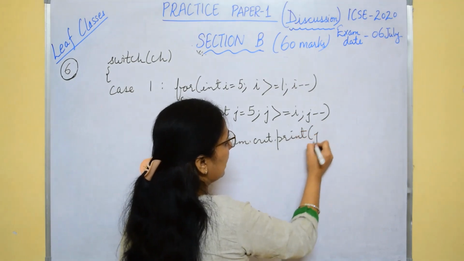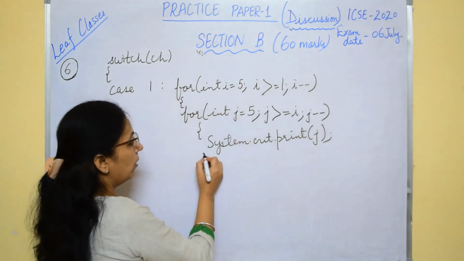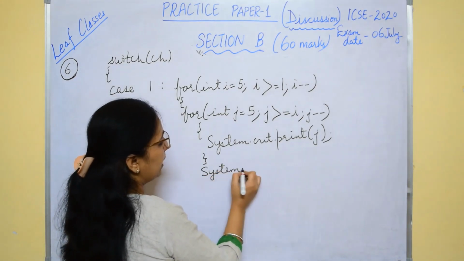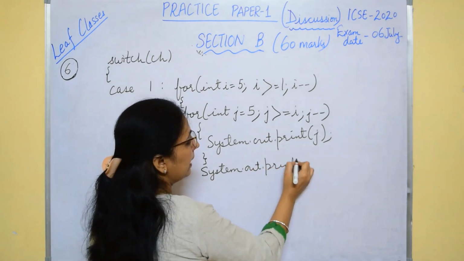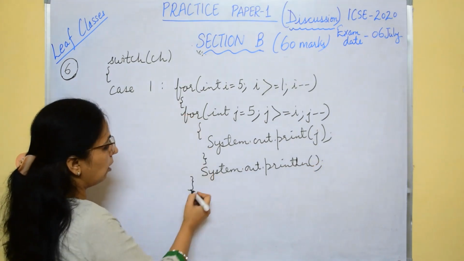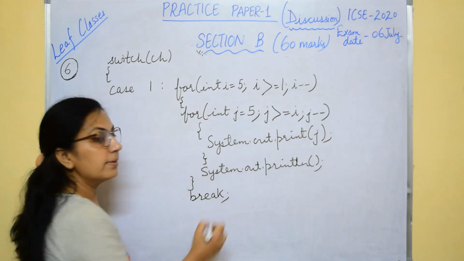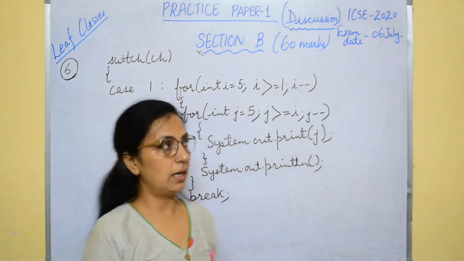System.out.print(j). When one entire row is over, we want to move to the next line. For that you will write System.out.println. After closing of the outer loop, we will give the break statement. The last statement of each case is break, right?